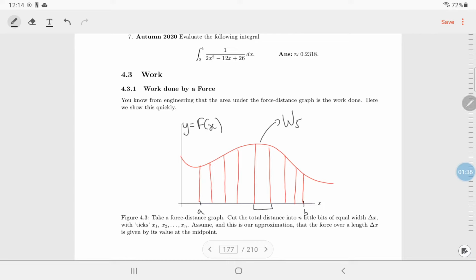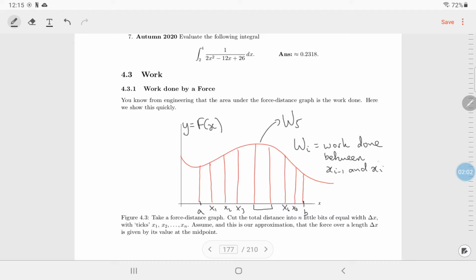Let's say this is x1, x2, x3, x4, x5, x6, x7, x8, etc. So the work done, say Wi, is the work done between x(i-1) and xi.